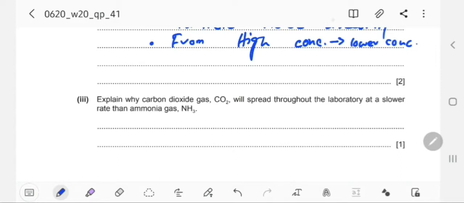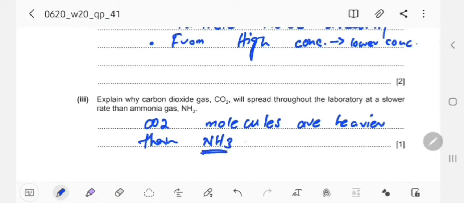So we can alternatively say that CO2 molecules are heavier than NH3. Why are we using the word molecules? Because CO2 has covalent bonds, and covalent bonds only refer to molecules, so that's why we are using the word molecule.